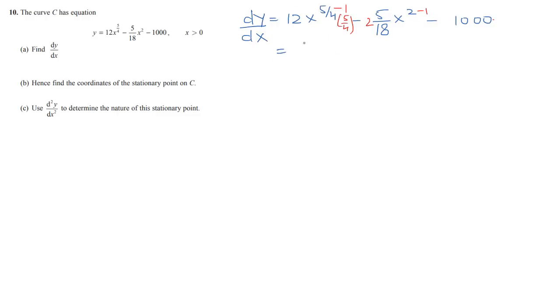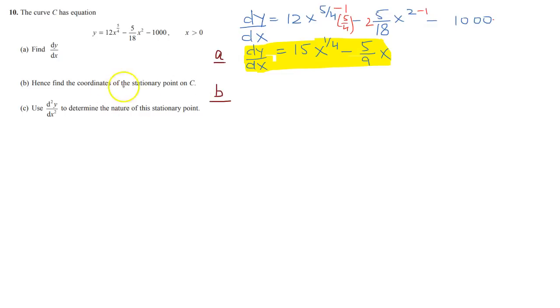So dy over dx will be 12 times 5 over 4, 3 times 5 is 15, x to the power 1 over 4, minus 5 over 9 x. So that is dy over dx. That's the answer of first part, Part A.